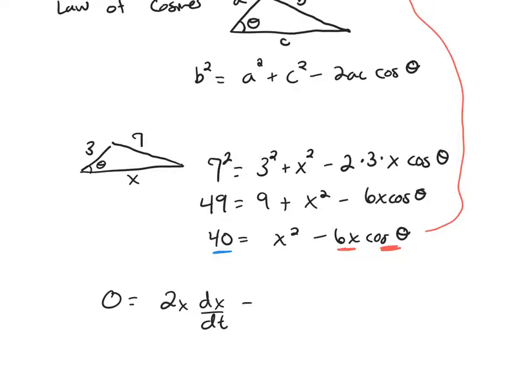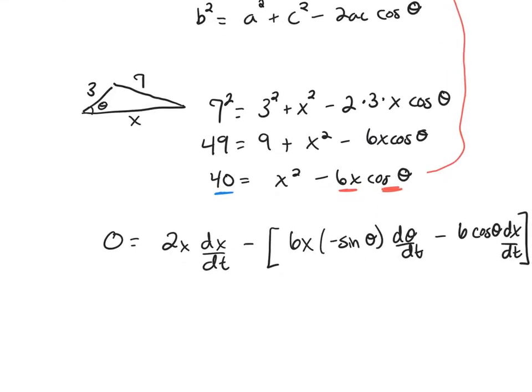So minus, copy 6x, the derivative of cosine is a minus sign. The derivative of 6x is 6 cosine theta. Oh wait, I forgot, we need to use the chain rule. When I took the derivative of cosine theta, I should have a d theta dt. And when I take the derivative of 6x, you should have minus 6, and you'll have a dx dt.